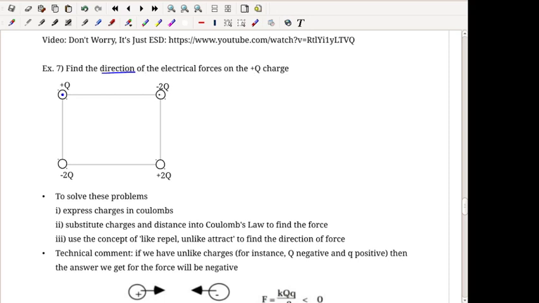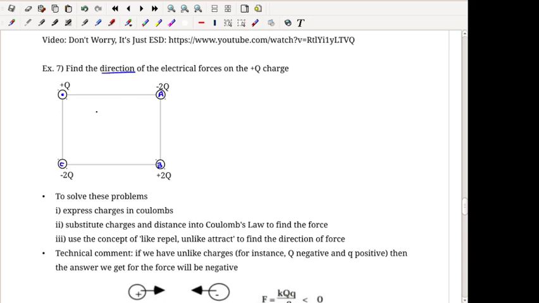Well, let's call these charge A, charge B, and charge C, and think about what direction each of these would go and which ones are going to be bigger or smaller. So between our focus charge and charge A, we have plus Q on our charge and negative 2Q on A. So are they going to be attracted or repelled?